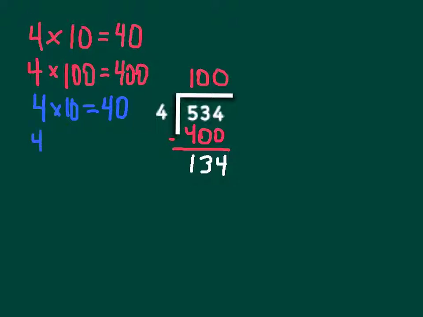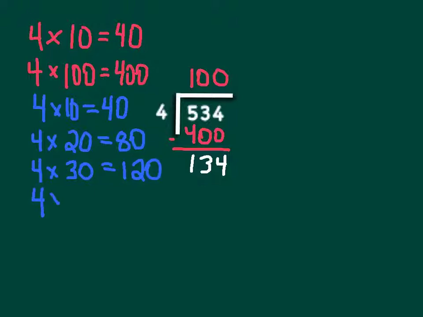If 4 times 2 equals 8, then 4 times 20 equals 80. If 4 times 3 equals 12, we know that 4 times 30 equals 120. 4 times 4 equals 16, so 4 times 40 equals 160.